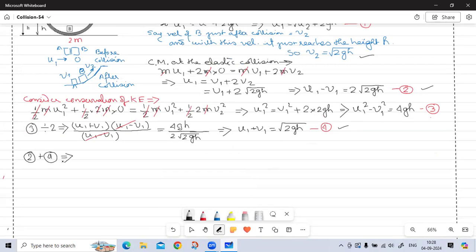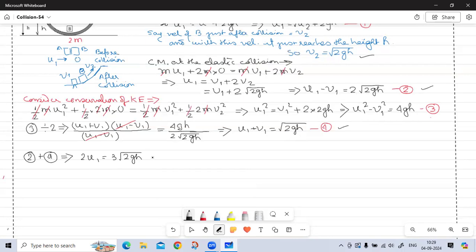If we do equation 2 plus equation 4, then on the left hand side we shall be left with only 2u1. 2u1 is equal to root 2gh plus root 2gh, so equal to 3 root 2gh.